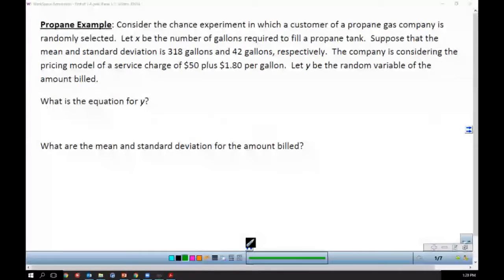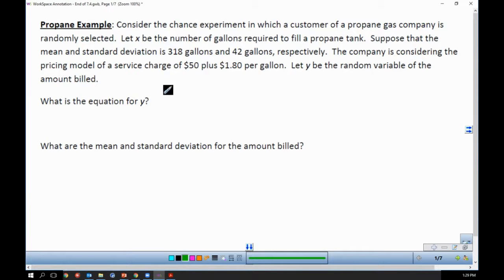Let X be the number of gallons required to fill his propane tank. Suppose that the mean and standard deviation is 318 gallons and 42 gallons respectively. So let's write that info down before we even read any further.